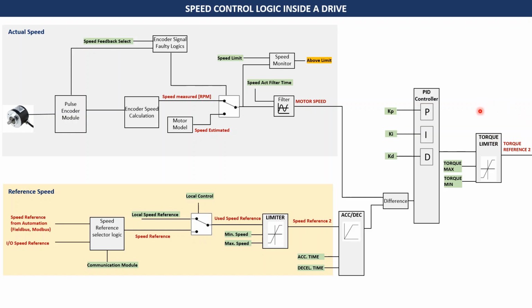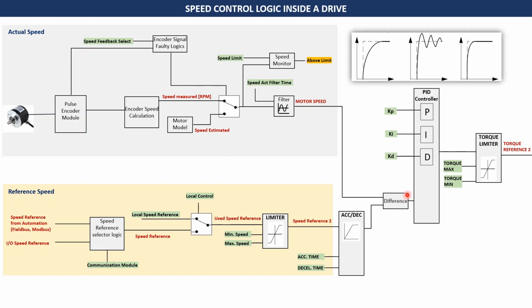Now let's say you are accelerating. In that case, your reference speed will be higher than actual speed. And then this will generate a positive torque reference, which will tell the motor to raise the torque, and that torque will be used to increase the speed until the difference between actual and reference goes to 0, or at least near 0.